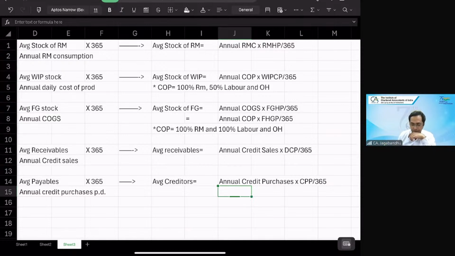One second, guys. Okay. So now the next aspect is, let's do one question based on this formula.